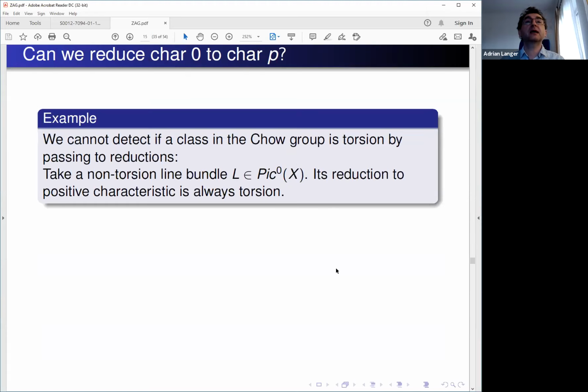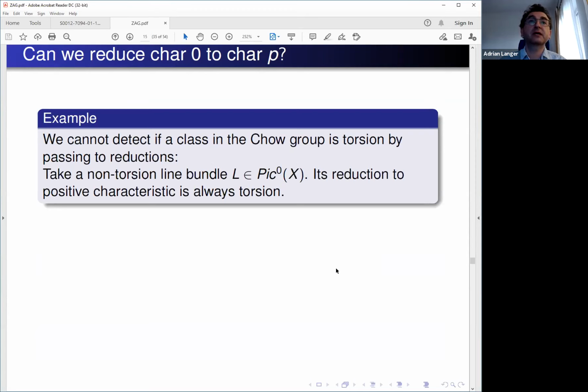So now, as I said, we want to get some results in characteristic 0 using positive characteristic. In case of inequalities, this was not a problem. But now the problem is much worse.